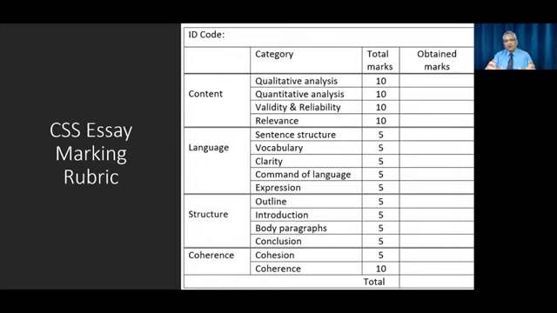So it is not just the content, but the skill of writing the essay which actually matters a lot. As I often say to the students, the essay is not a test of your knowledge. If it was a test of knowledge, the content would have had something like 80% value. But it is the other areas also which make up a good essay, in combination, in sync with each other.